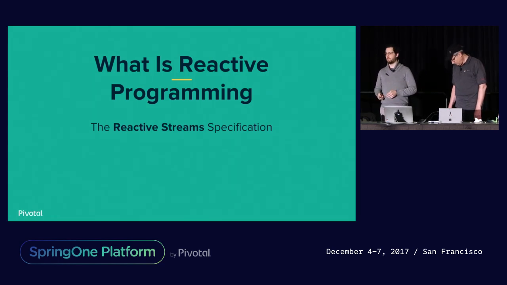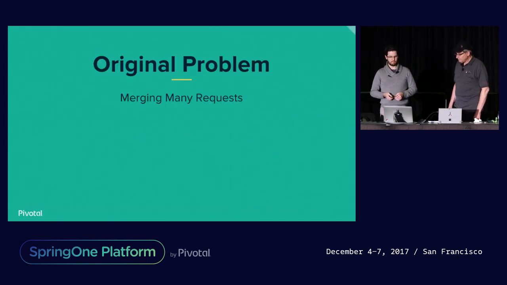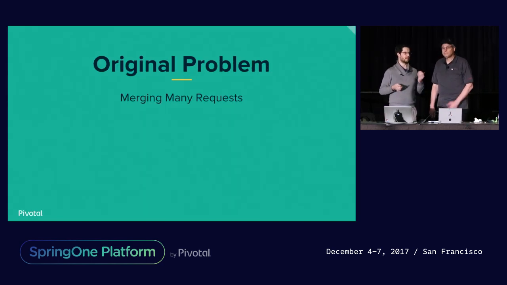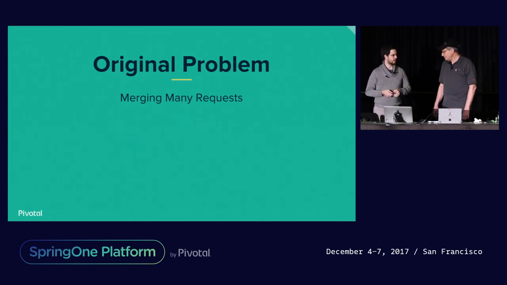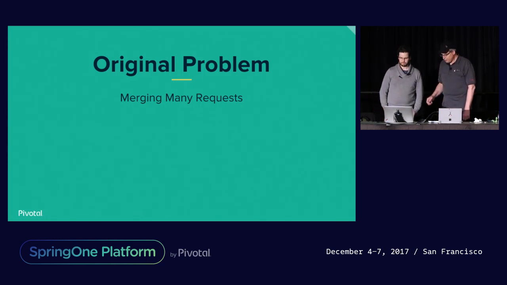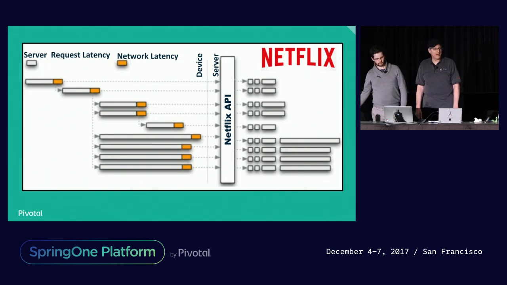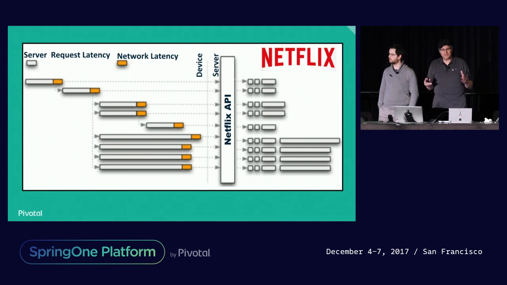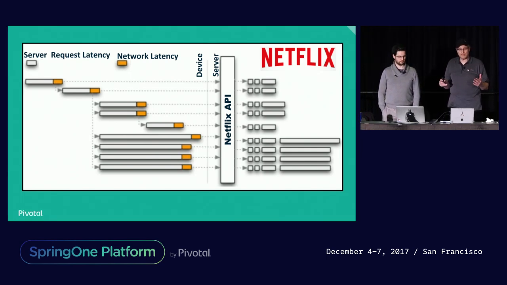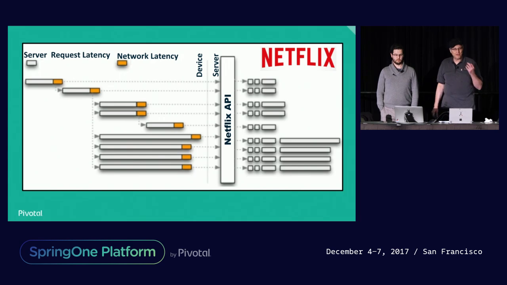And it all stems from the Reactive Streams specification. The Reactive Streams specification stems from an original problem, and Victor, maybe you can talk a bit more about that. Sure. So the original Rx spec was devised by Netflix, and they had a big problem. When you go on Netflix, you are not just looking at a screen full of data, you're looking at a large number of requests, right? You want to find your movies, your favorites, advertisements for things that you potentially want to see.